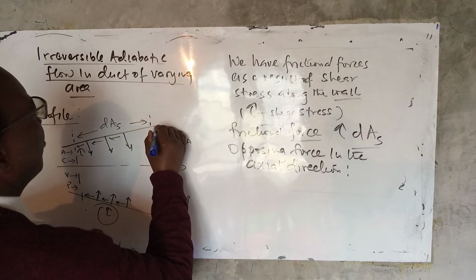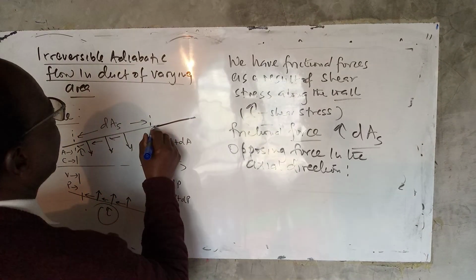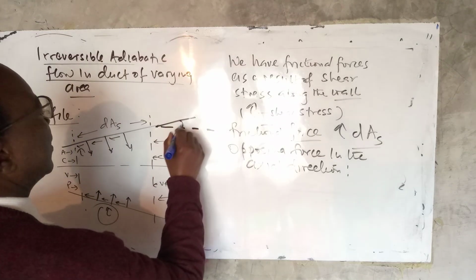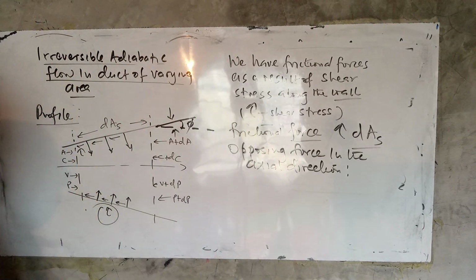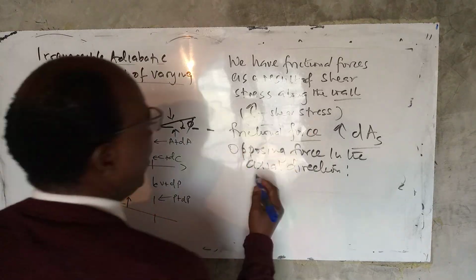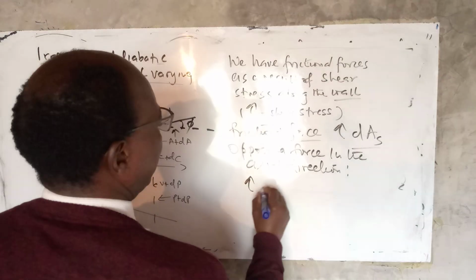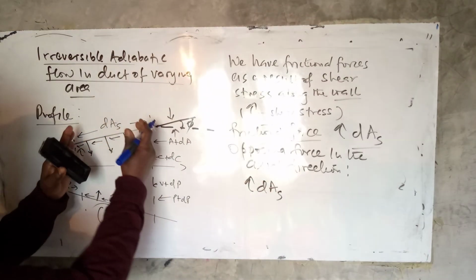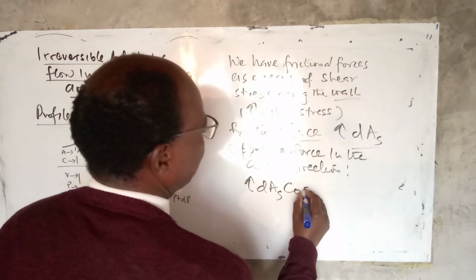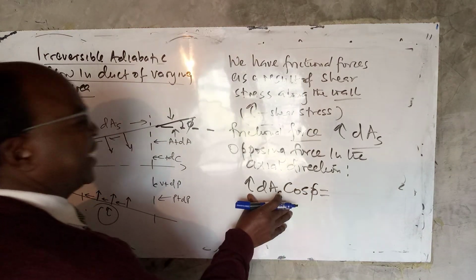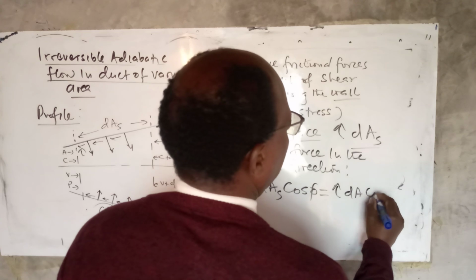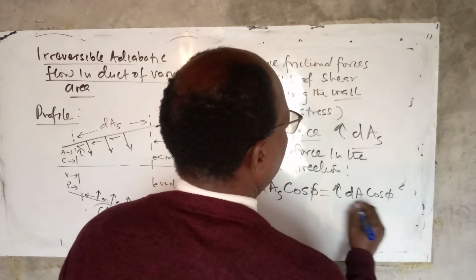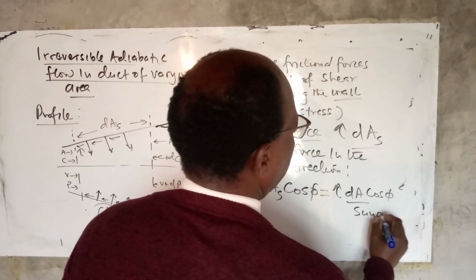can be computed, therefore. Let's call that theta. That opposing force in the axial direction, therefore, will be given by tau dA cosine of theta over sine of theta.